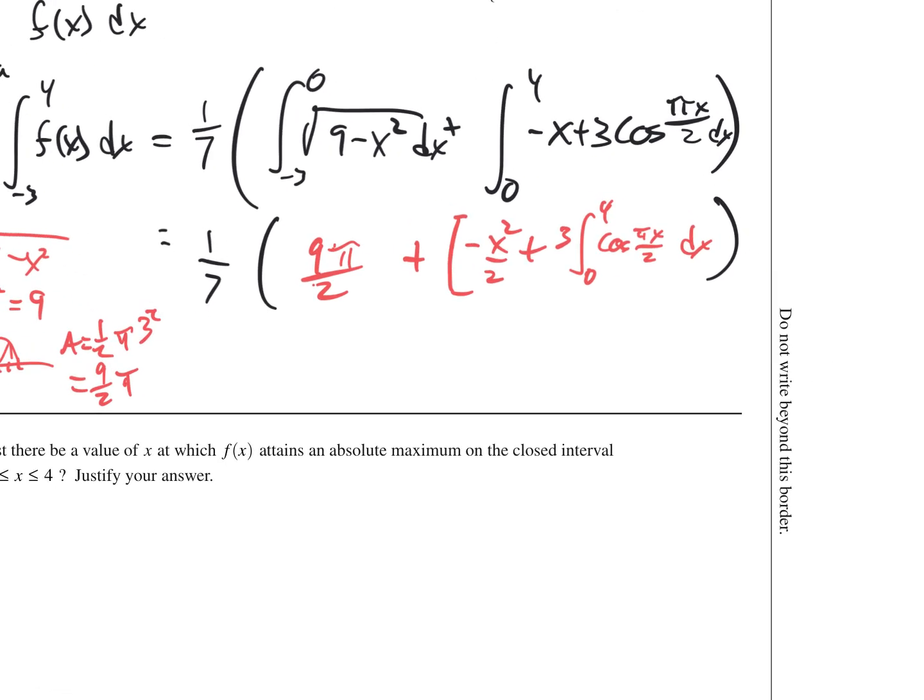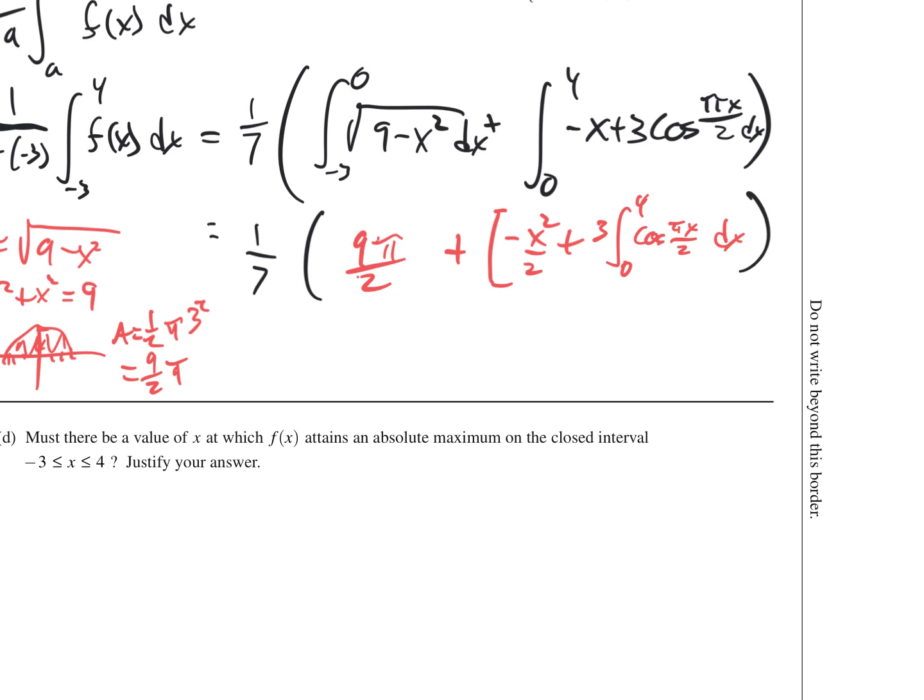All right, this is going to be some u substitution. We need to call u pi over 2 x. So the derivative of pi over 2 x is pi over 2. Wish we had a pi over 2 here. So we're going to have the reciprocal of that, 2 over pi, out here.